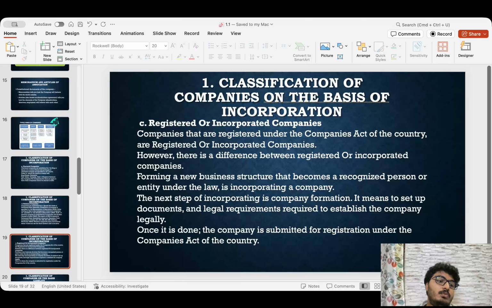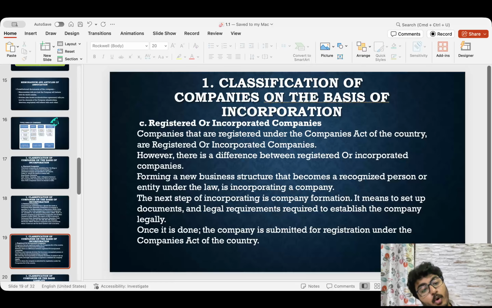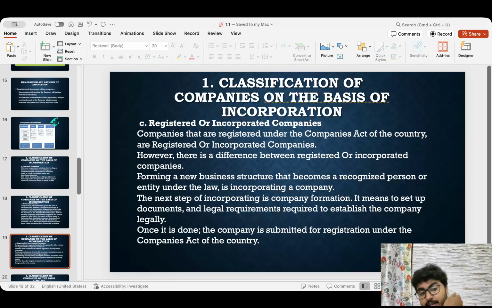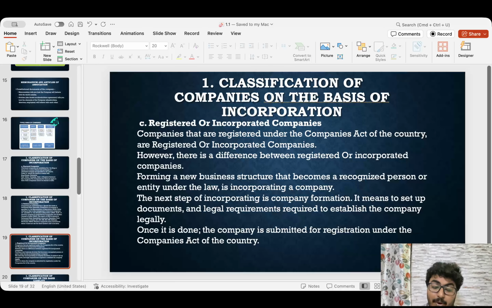Now, come to the registered or incorporated companies. These are companies incorporated under the Companies Act, and incorporation means legally creating a separate business entity recognized by law. The process includes preparation of documents, compliance with legal requirements, and registration with the Registrar of Companies.